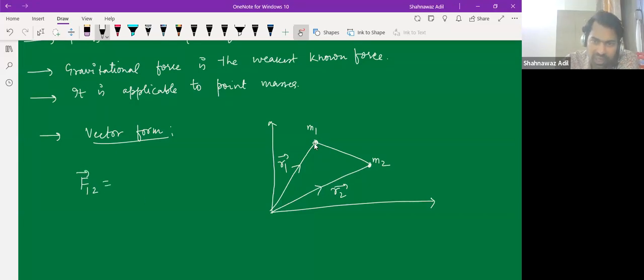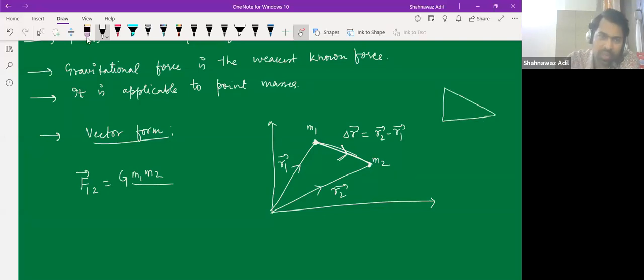So we have to calculate this separation, right? We know that this would be G, M1, M2, and this distance, right? So this distance would be how much? Let's say this is delta R, and this would be how much? R2 minus R1, because we have this vector.